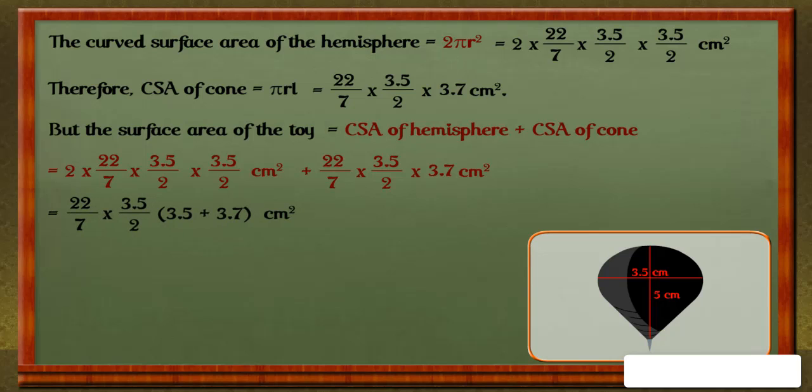Taking common 22 by 7 into 3.5 by 2, we have sum of 3.5 and 3.7, which is equal to 11 by 2 into 7.2, which gives 39.6 centimeter square. So, the surface area of toy is 39.6 centimeter square.